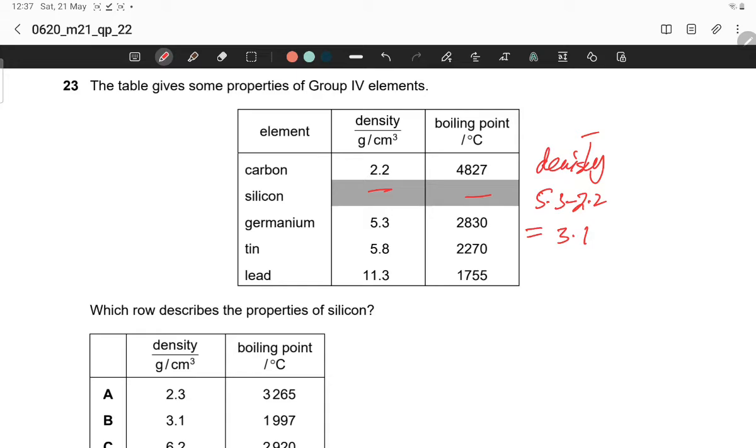And for boiling point, 4827 minus 2830. 27 minus 2830 is equal to 1997.